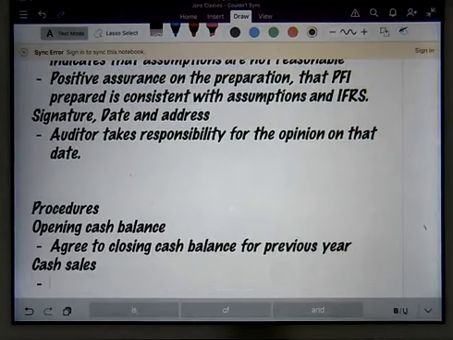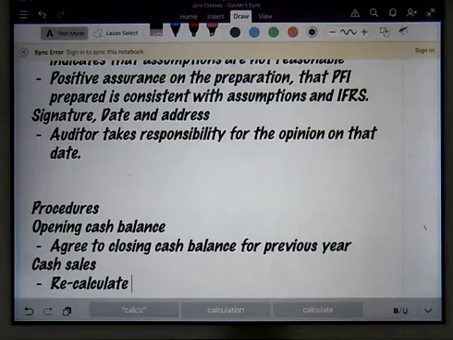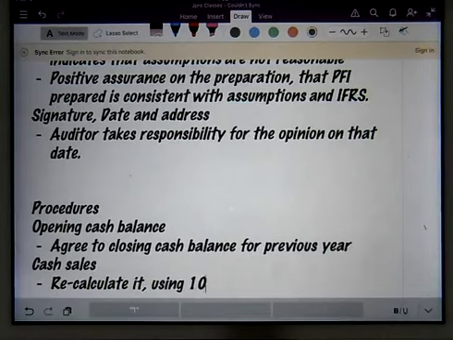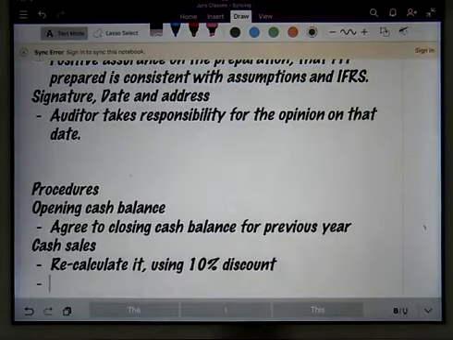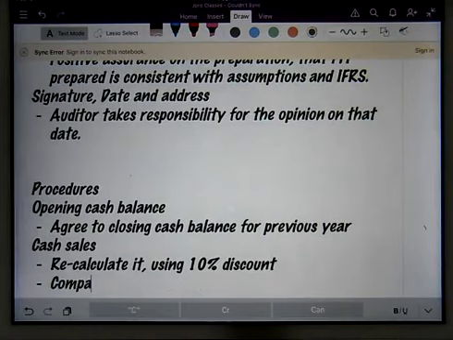Next one, you do the cash sales. Cash sales, you have to make sure you're using 10%. Does that make sense? That's quite easy, right? Okay. Next, after that, you want to know the... compare.